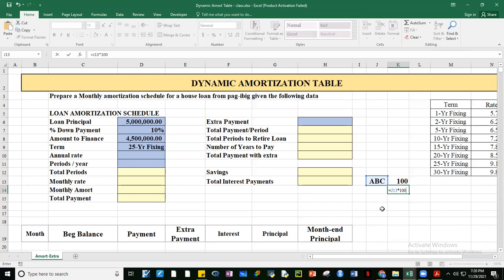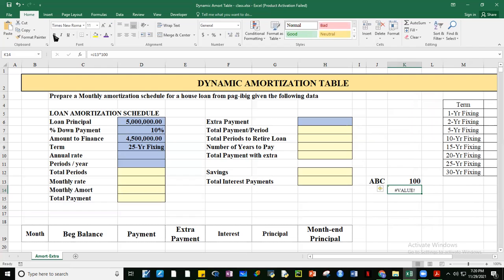Yes or no, guys? You can unmute yourself. Okay, no, you're correct. It says #NAME. Because, guys, you can't do that. It will return an error, the #VALUE error. Why can't it? Because it's text, times a number.